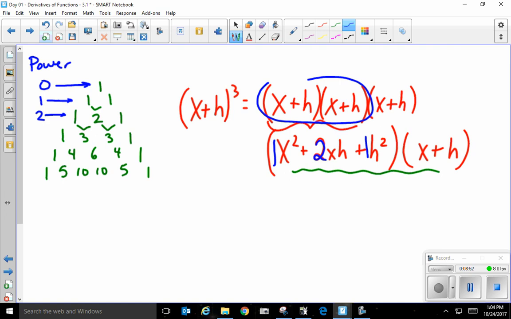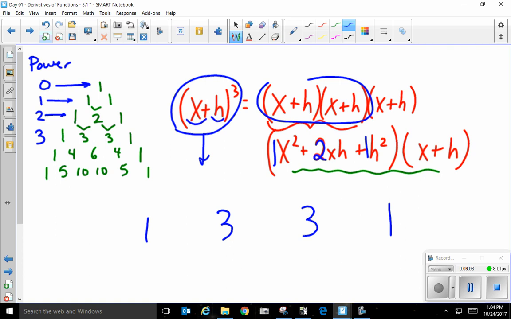I'm cubing this, aren't I? I know it's got to start 1, 3, 3, 1. I know those have to be the coefficients. So what goes with them? I take each term, x, h, x, h, x, h, x, h.